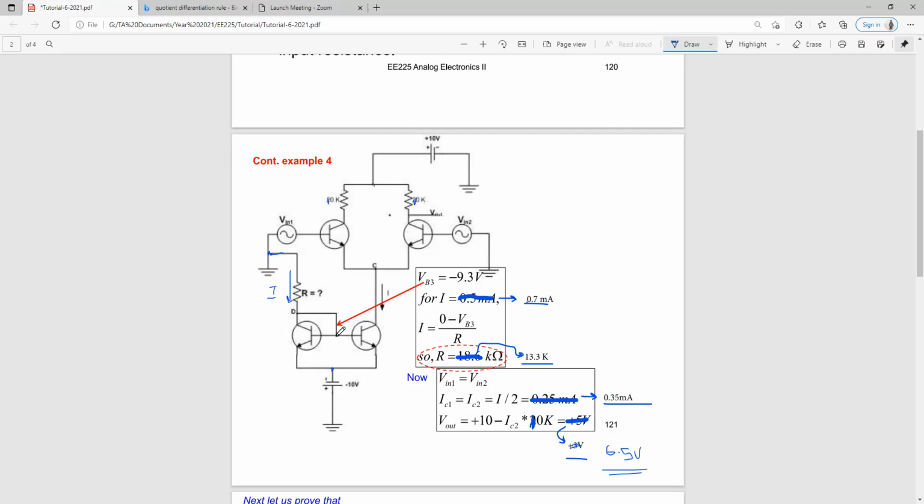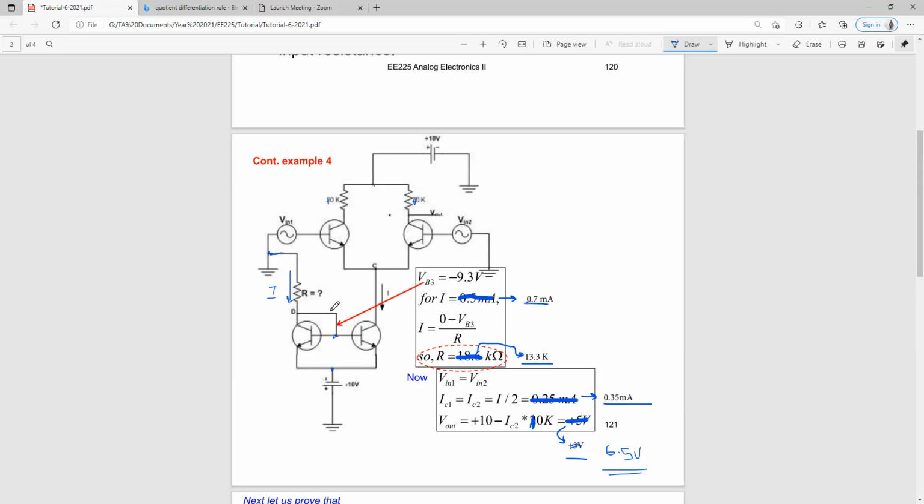So if you walk backwards, whatever node voltage we have over here, we add this voltage drop of 0.7 volt. So minus 10 plus 0.7 volt is going to give me minus 9.3 volts. So the voltage at this particular node is minus 9.3 volt.